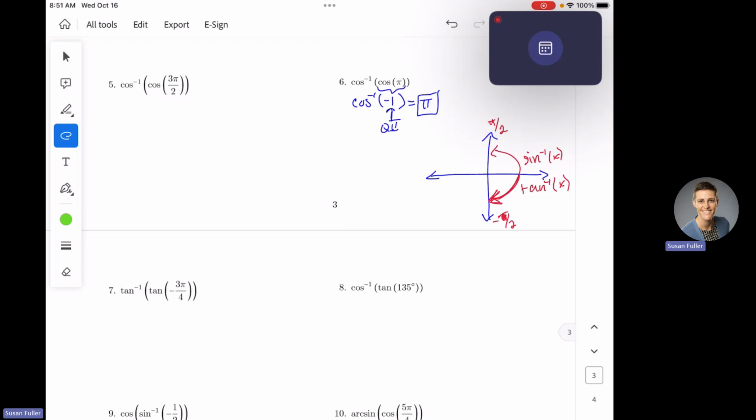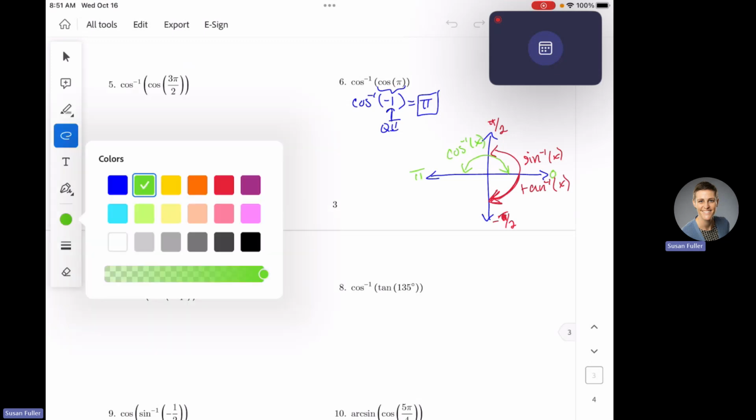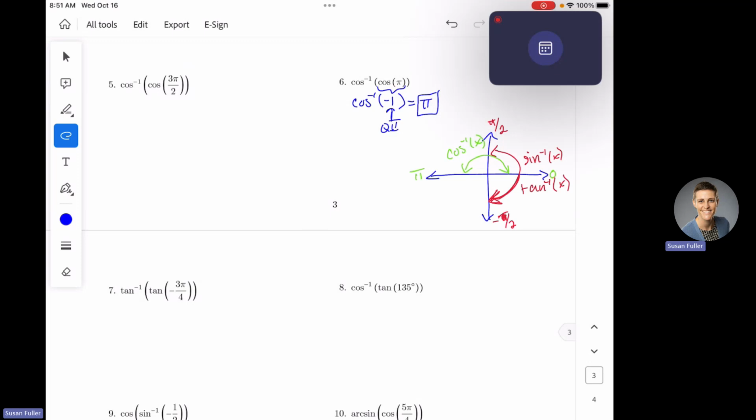Instead of being from negative pi over 2 to positive pi over 2, inverse cosine can see from 0, which is over here, to pi, which is over here. So inverse cosine can see quadrants 1 and 2. We don't have to worry about any negatively rotating angles there. It's all positively rotating in quadrants 1 and 2.